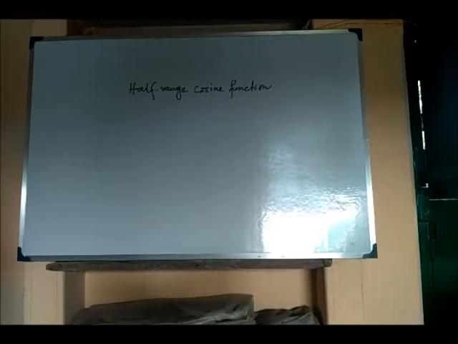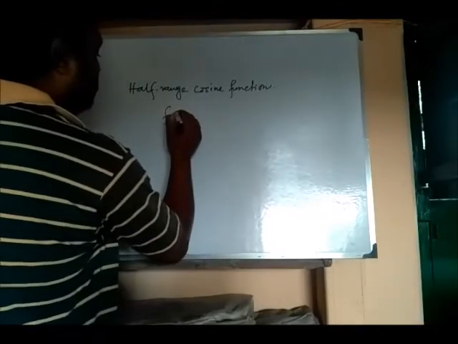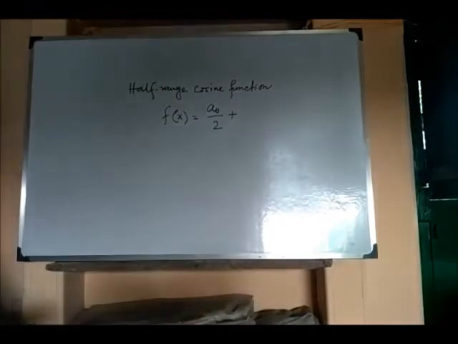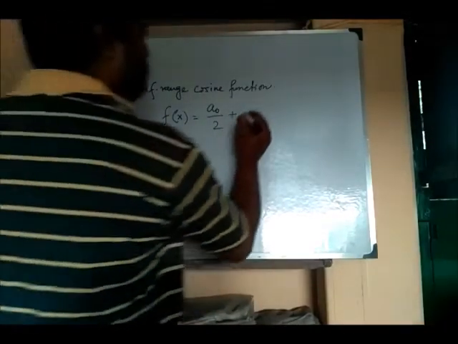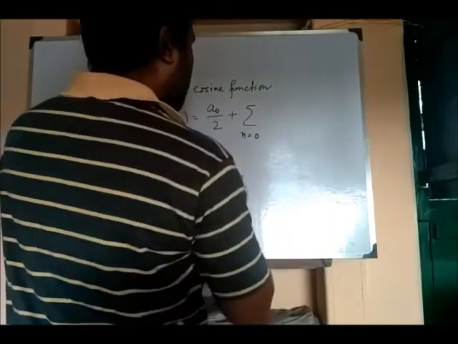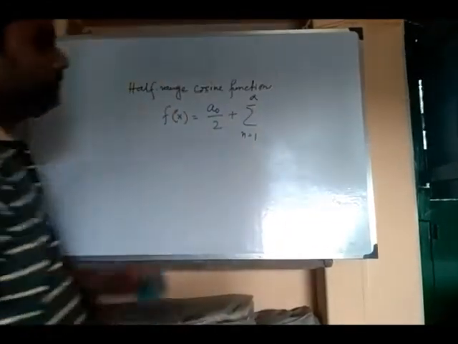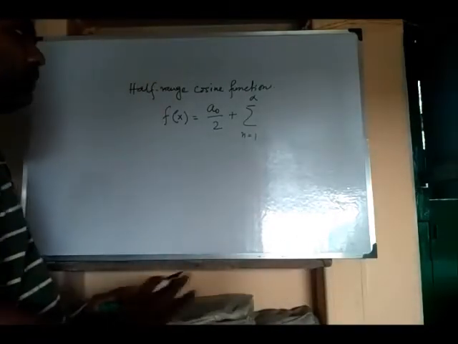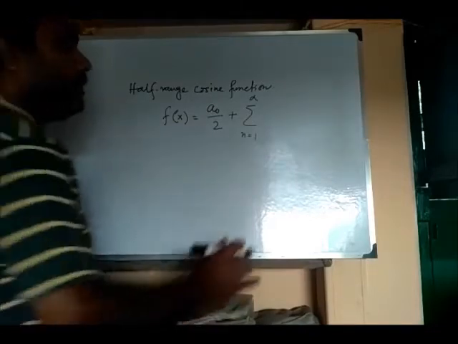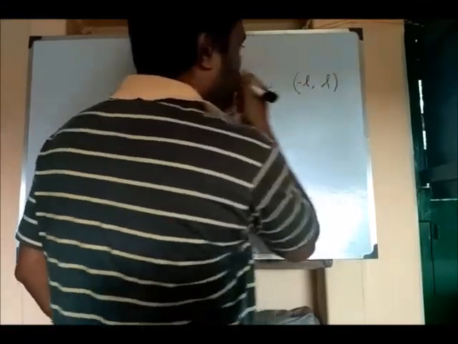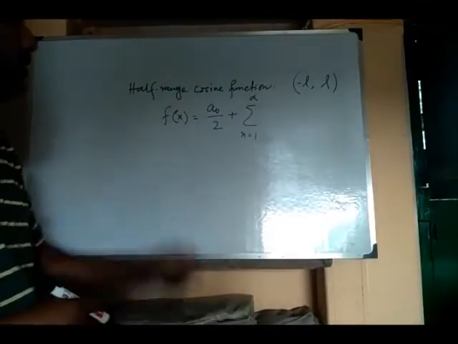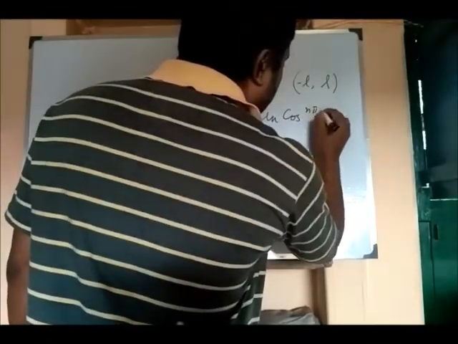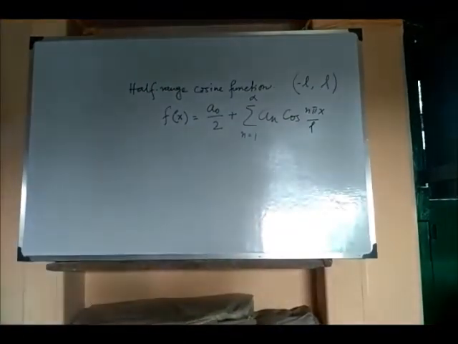The form of this half range cosine function becomes f(x) equal to a0 by 2 plus the sum of n equal to 1 to infinity, and if you use any interval of range, not only minus pi to plus pi, but minus L to plus L, this cosine function will be an cos of n pi x divided by L, right?